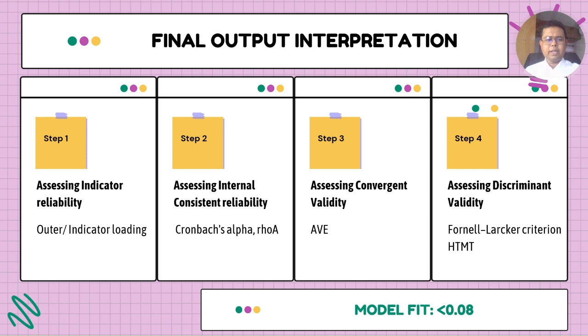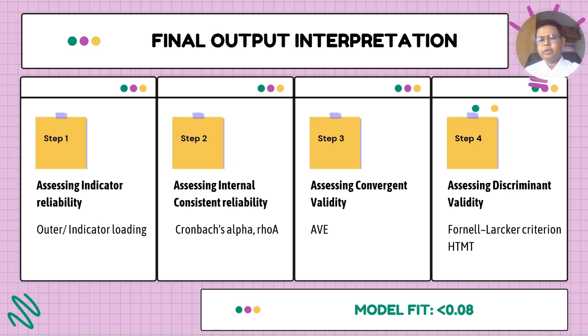At the final output, we will check indicator reliability, I mean the outer loading or indicator loading, which some call the factor loading. We'll also check the consistency reliability, where Cronbach's alpha, rho_a, and another statistic are reported, and check the convergent validity using the AVE.